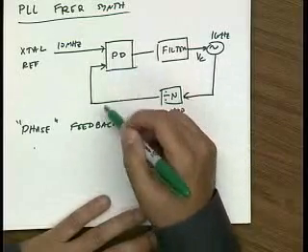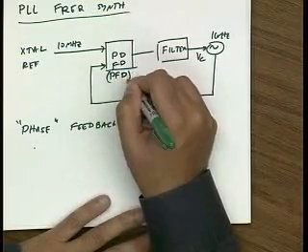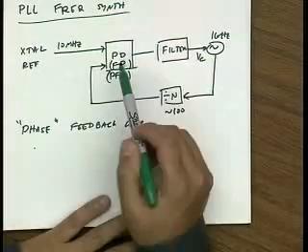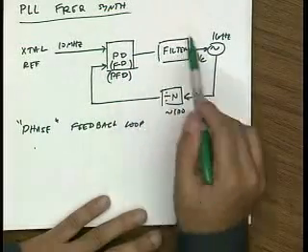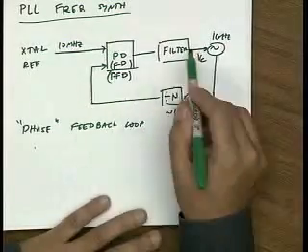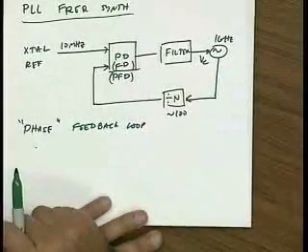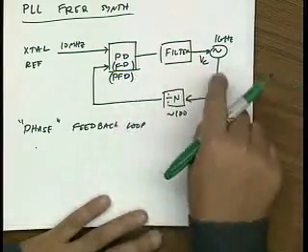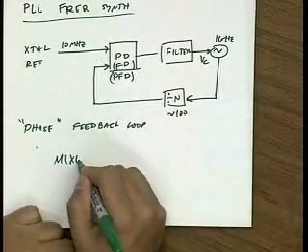Phase detectors, and you can also have frequency detectors or a phase frequency detector, are also generally digital style circuits, although you can build analog phase detectors. We'll talk about that a little bit. And then you have filters, which typically are either R's and C's or op-amp and C kinds of filters, which control our oscillator. So there are lots of components in this PLL loop, and some of them are digital, some of them are analog, and some of them are RF, and they all need to work together.